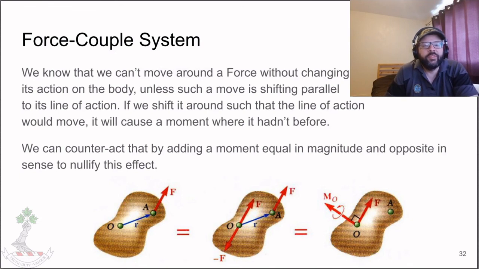Another possible way of looking at this would be to say that if we started with this force here and moved it over to O instead, then measured from A, that shift would cause a moment where one didn't previously exist.